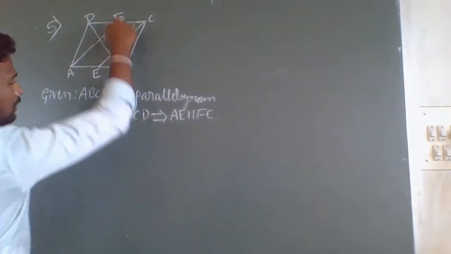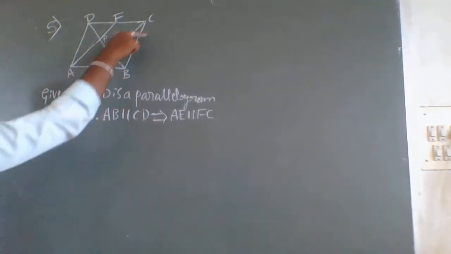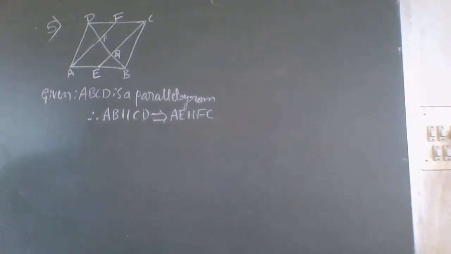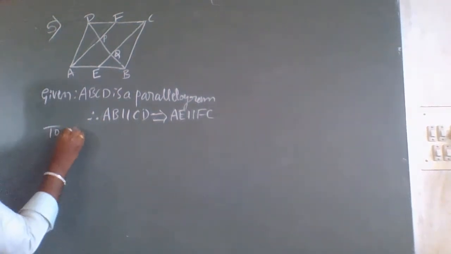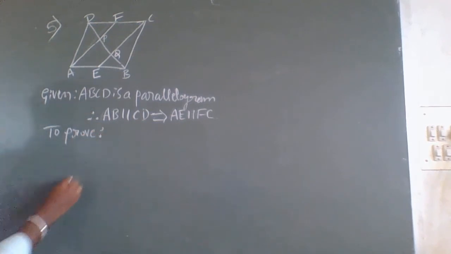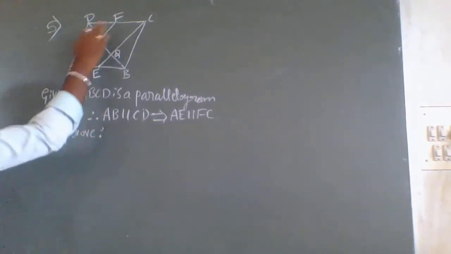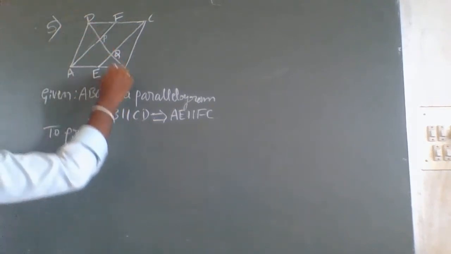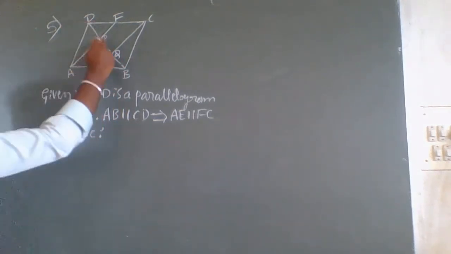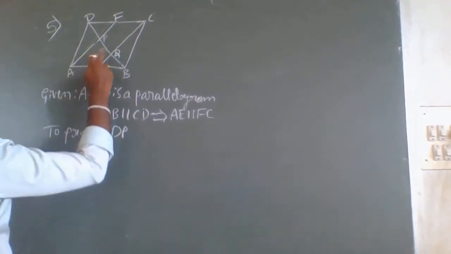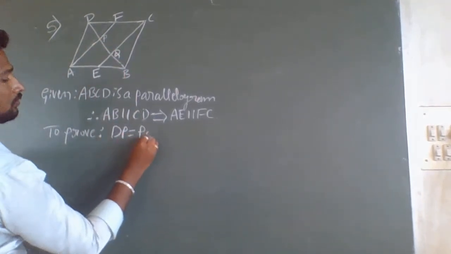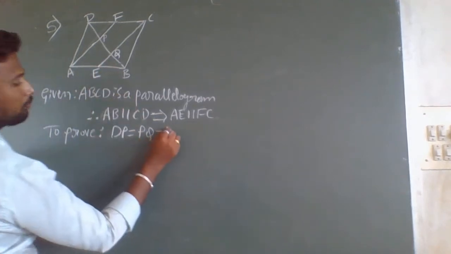Therefore, if AB is parallel to CD, then we can say that AE is also parallel to FC. This is given. And what we have to prove here is that AE and FC trisect the diagonal BD into three equal parts, which means we should prove DP is equal to PQ equal to QB.